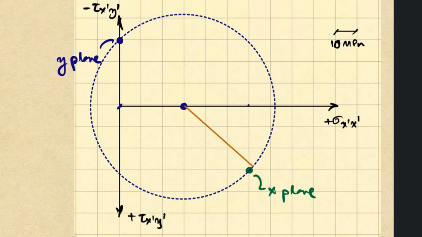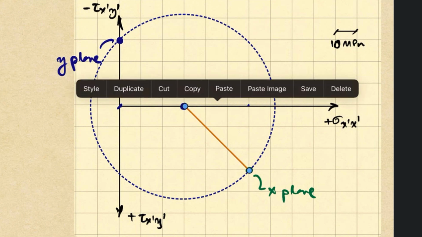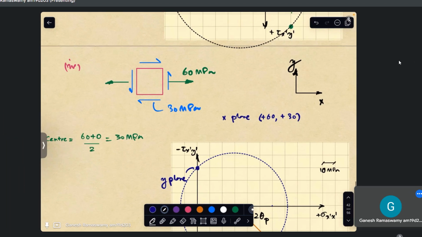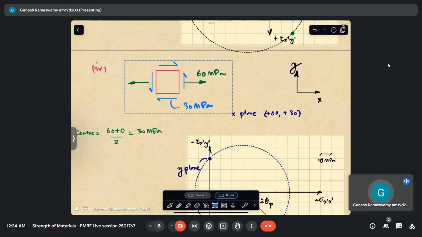So now that we have the example over here, in order for me to arrive at the maximum principal stress, I know that maximum principal stress for this problem is over here. This is my point of maximum principal stress. So in order to arrive at that, I have to measure this angle. So what this means is, if this is 2 theta p, I have to measure this angle, and theta p will essentially be the rotation I have to impart to this stress element.